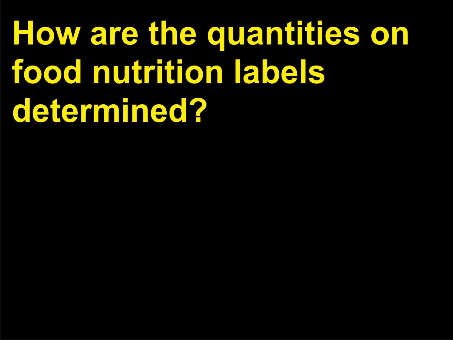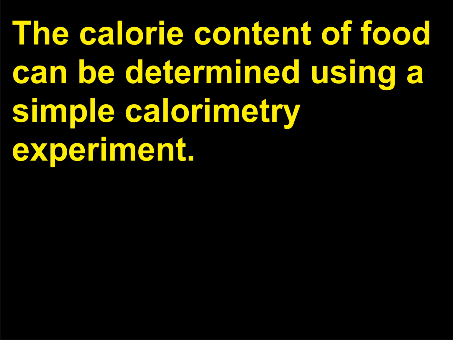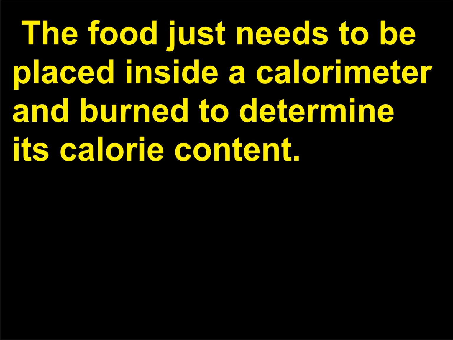How are the quantities on food nutrition labels determined? The calorie content of food can be determined using a simple calorimetry experiment. The food just needs to be placed inside a calorimeter and burned to determine its calorie content.